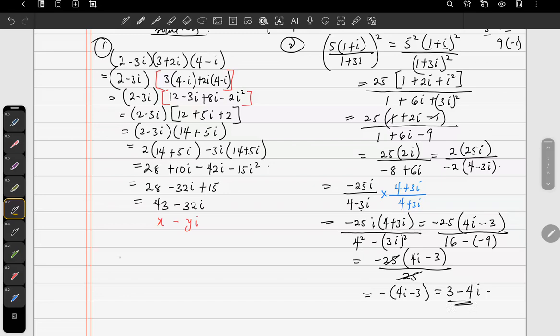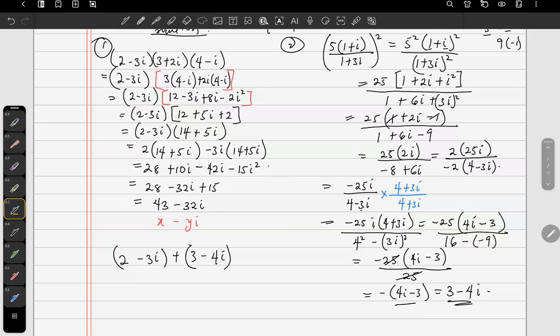So let's do 2 minus 3i, then plus 4i minus 3. It doesn't matter, I'm just picking what we have here. Or let me write it exactly the same way it is there. So we have 3 minus 4i.